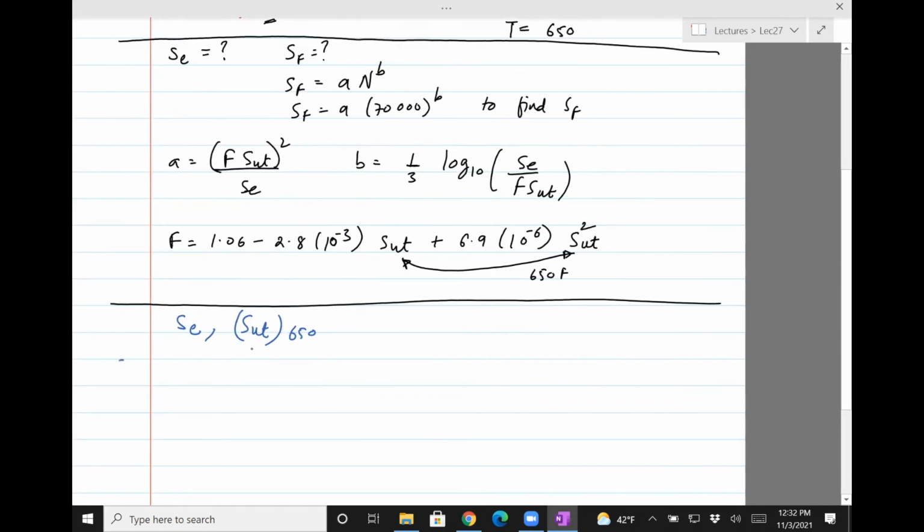Okay, and what will help us to find SE? Well, SE is KA, KB, KC, KD, KE, KF, SE prime. So we need to know SE prime now.